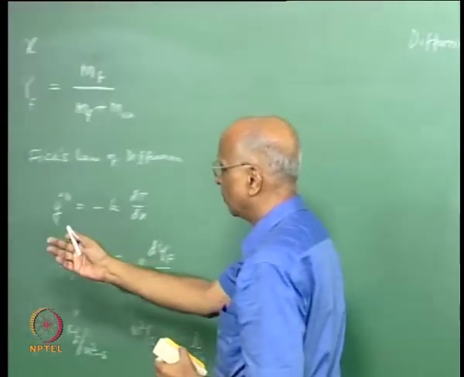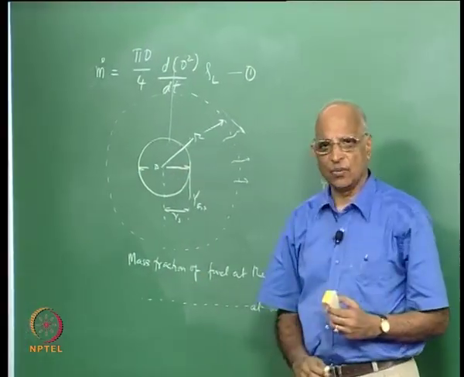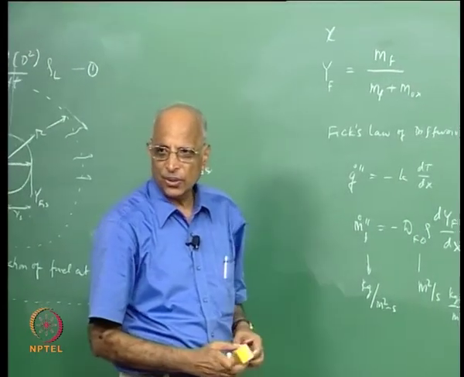Instead of x, I am considering a droplet and I am considering it symmetric, therefore my dimension is r over here. Is it okay?